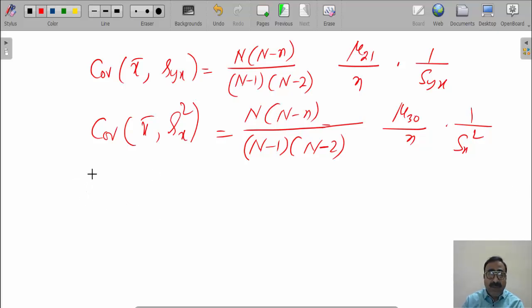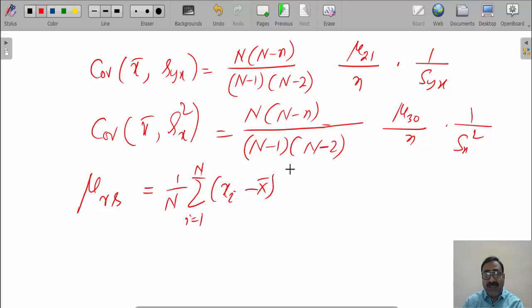Here mu rs is the rth order bivariate moment, equal to 1 by n summation i equal to 1 to n of (xi minus x bar) to the power r times (yi minus y bar) to the power s.